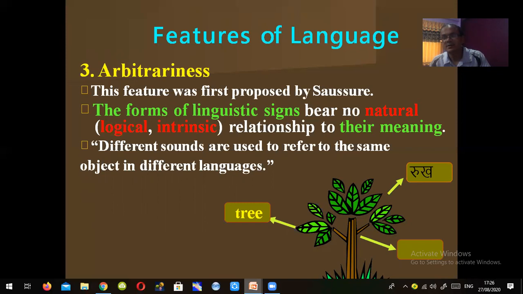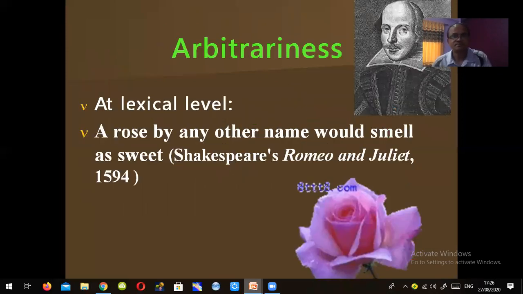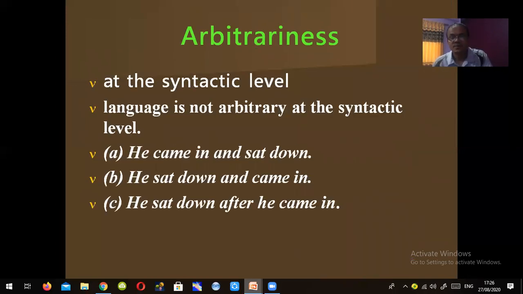The word given to a particular thing, particular concept, particular feeling, particular idea is only convention. You can see the expression by Shakespeare, a rose by any other name would smell as sweet. So a rose can be called a lily and many other names, it is only convention.